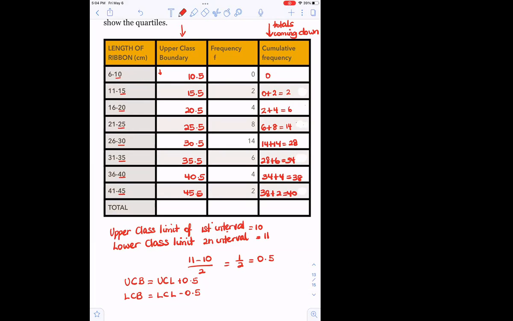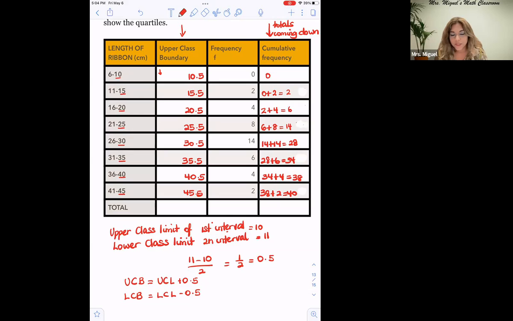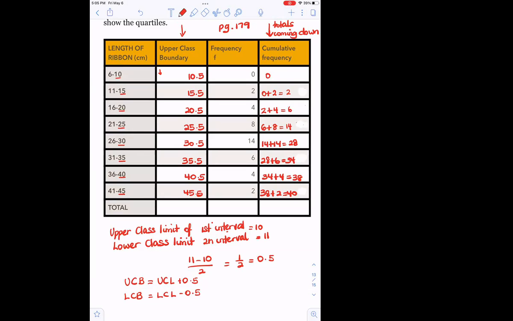Yes, miss. All right. So this was just a basic introduction into statistics. So we're going to apply the knowledge that we have now into the questions. So you all open your paper 2 booklet and please turn to page 179. Is anyone still writing? No, miss.